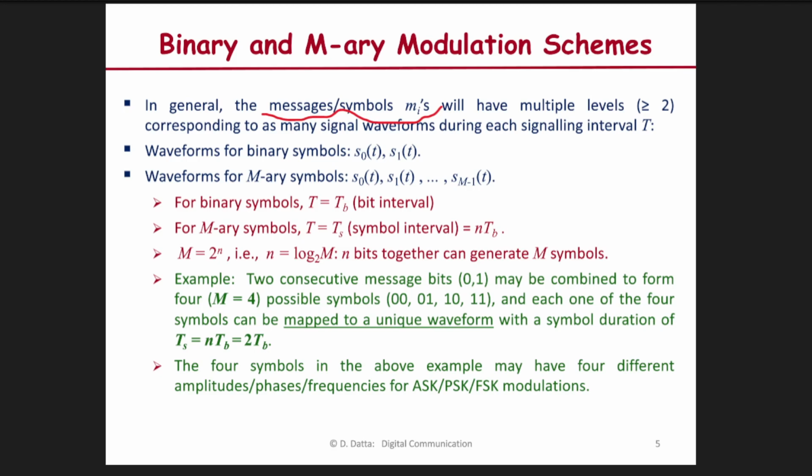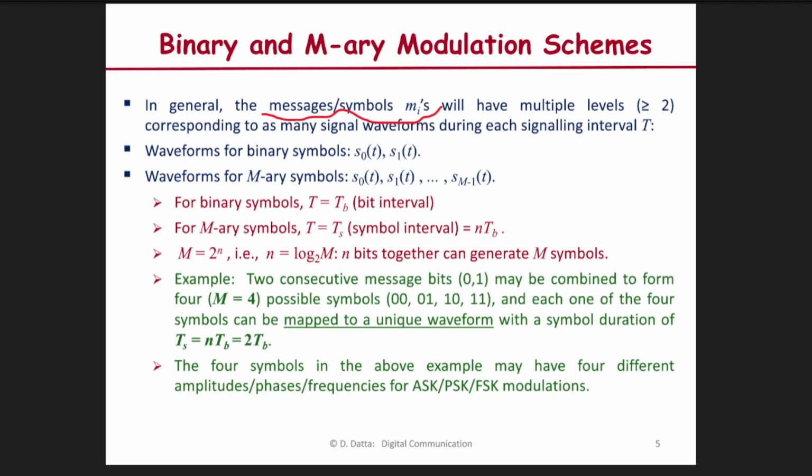Now what is happening is that 0 or 1 or 2 or 3 are being mapped into a sinusoidal waveform with different phases, different frequencies or different amplitudes, whatever. If it's a binary signal, then the messages m1 and m2 are converted into s0(t) and s1(t).